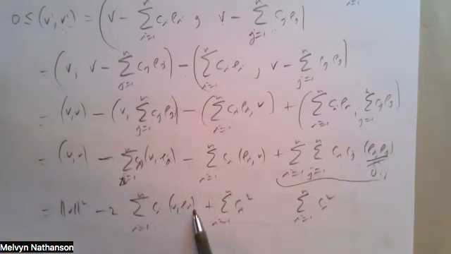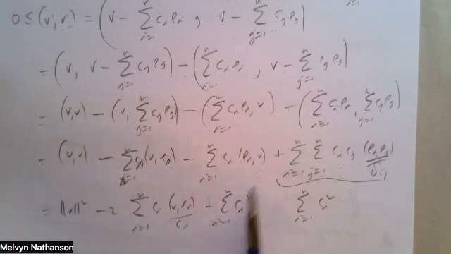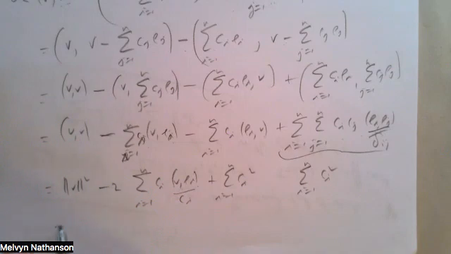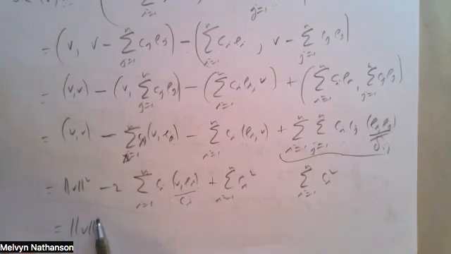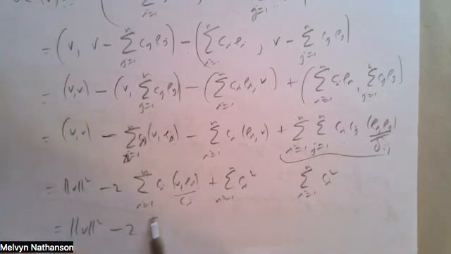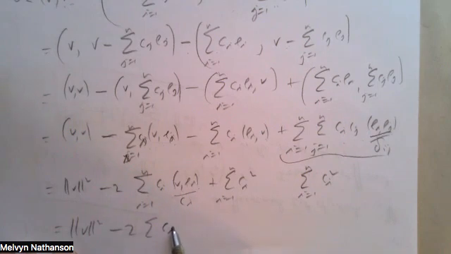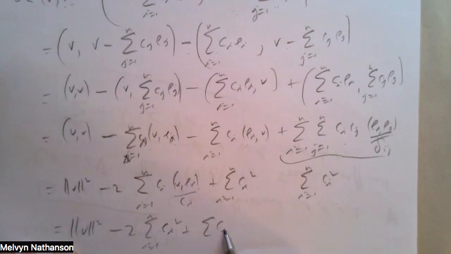But the inner product of v with Ei was defined to be ci. So what we actually have is the length of v squared minus 2 times the summation of ci squared, i goes from 1 up to n, plus the summation of ci squared, i goes from 1 up to n.